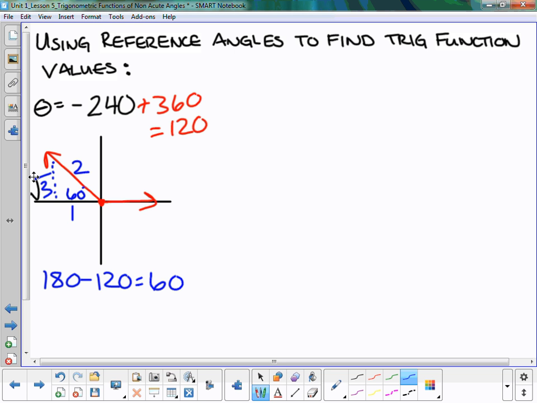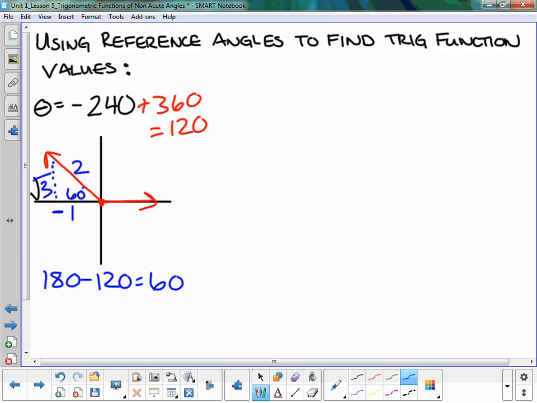In this example, though, which one of those should be negative? One should be negative because we're in the second quadrant, so x is negative. Sorry, can you explain one more time why one's the negative?